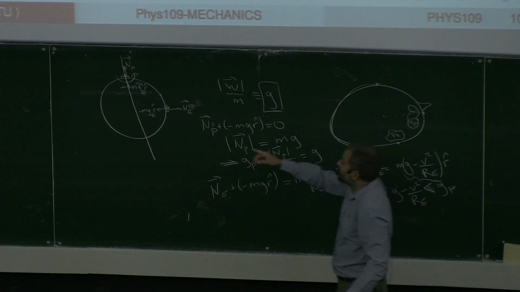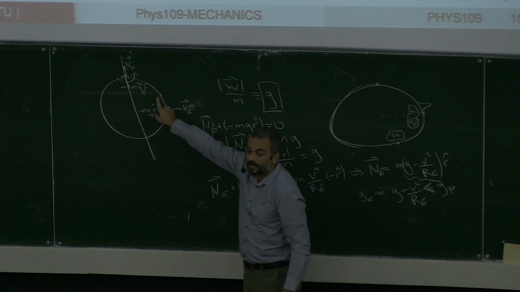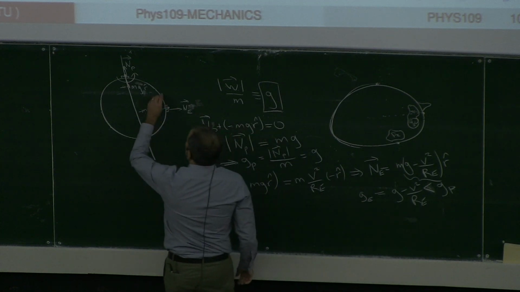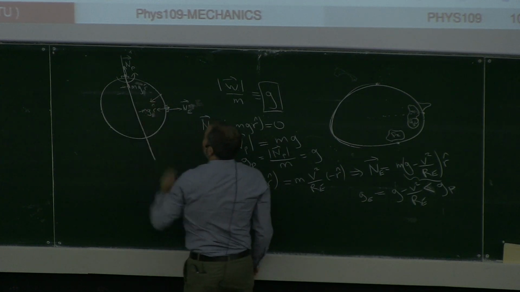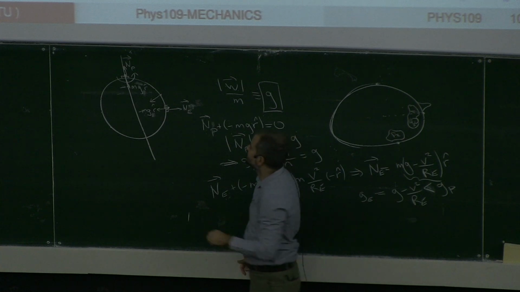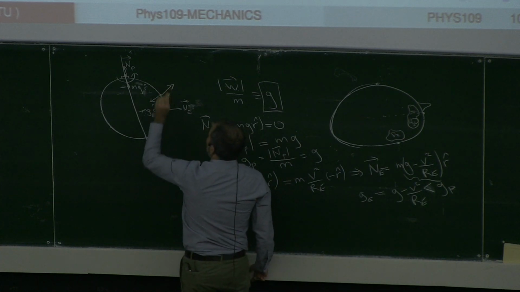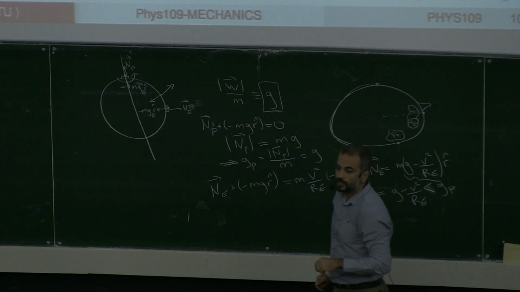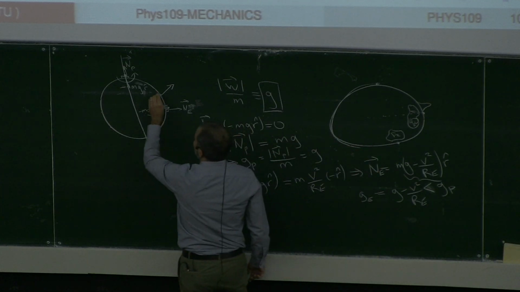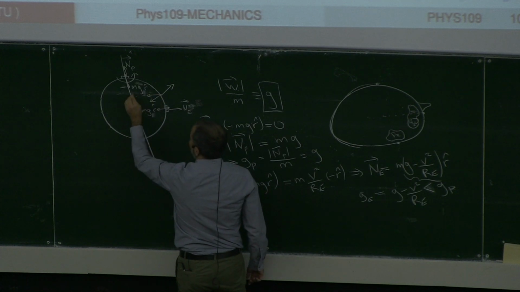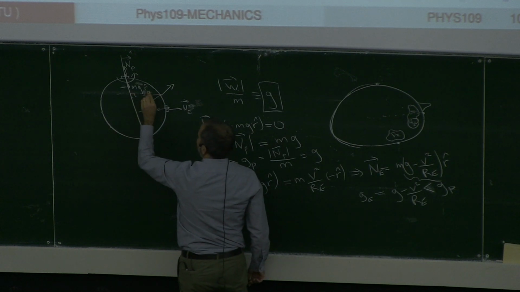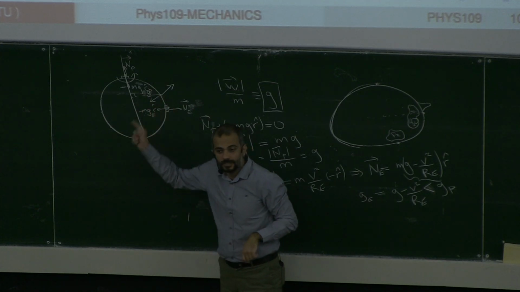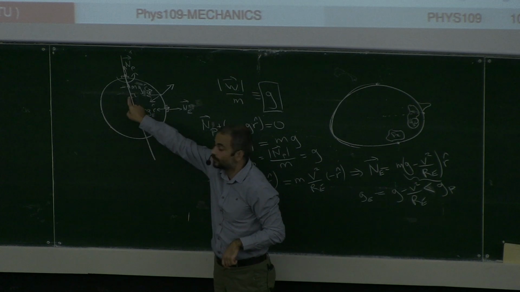Now, another thing, you don't have to go to the equator. You can just look at an arbitrary point over here. For an arbitrary point over here, you have the gravitational attraction pointing towards the center, the normal force pointing outward, and these two should combine to give an acceleration which is pointing towards this point over here, because that point itself is also making a uniform circular motion around this point.